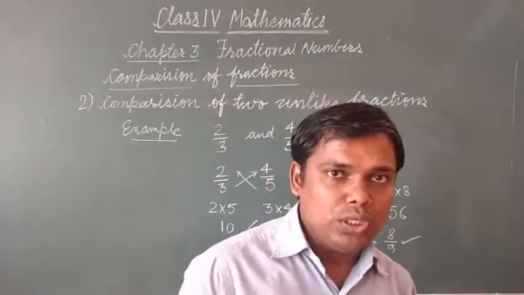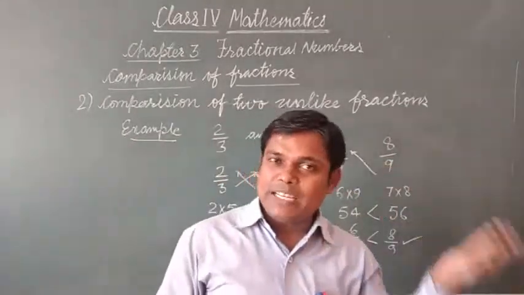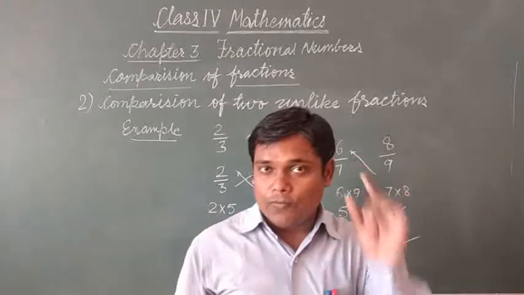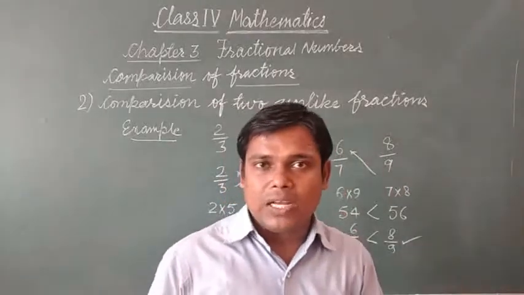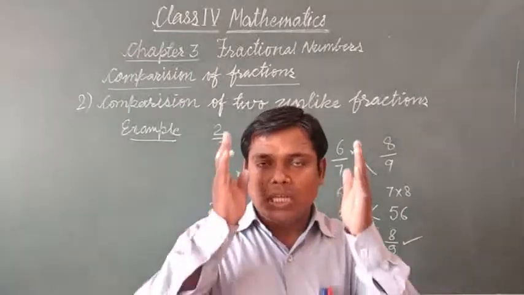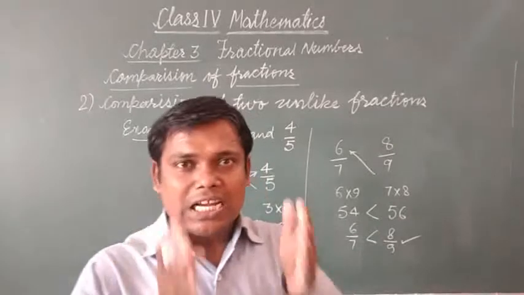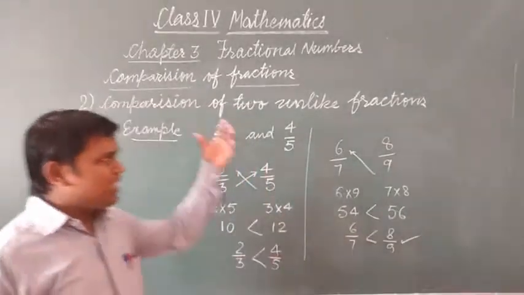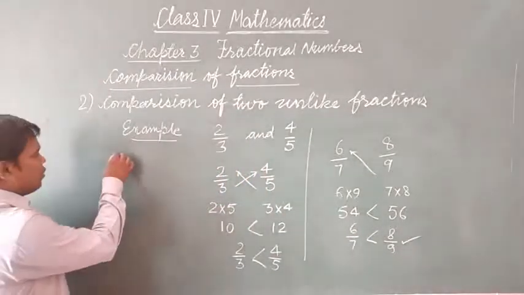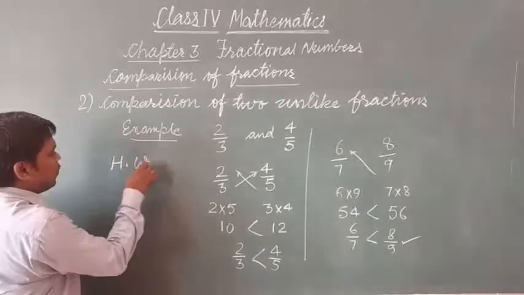I hope you understood. When two fractions are given, one mixed and the other improper, first you convert the mixed fraction into an improper fraction and then you compare both fractions. You will come to know which one is greater and which one is smaller. So I hope with this discussion you are able to do the questions of exercise 3.5.